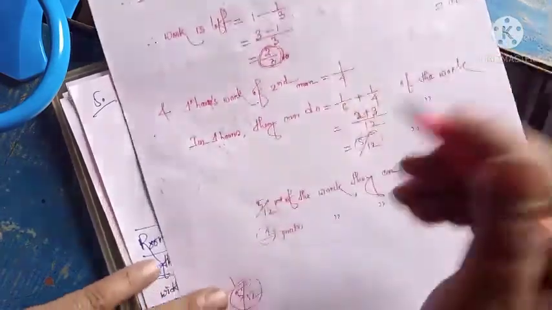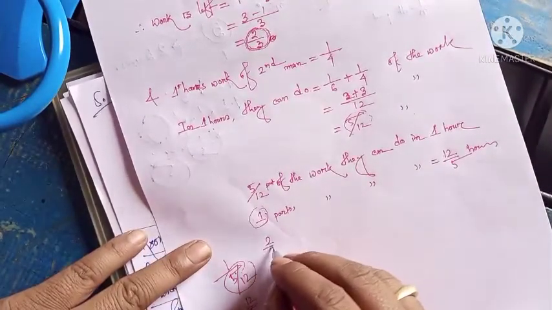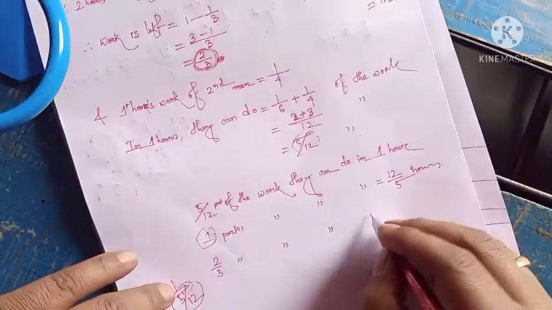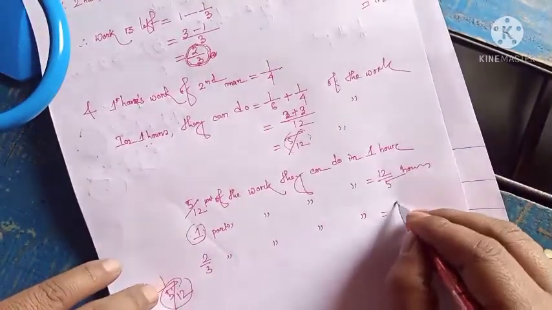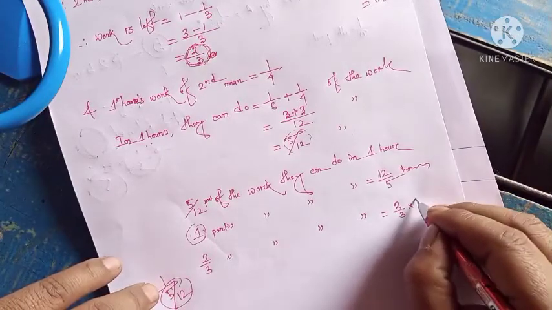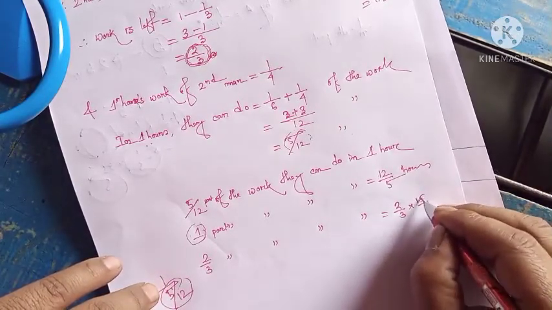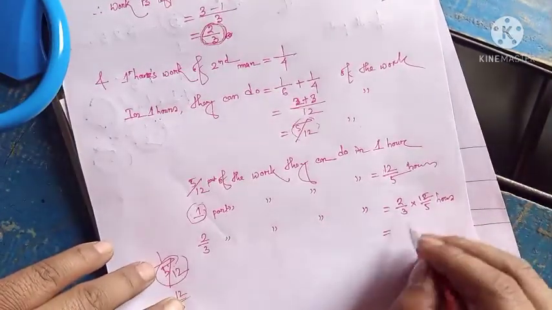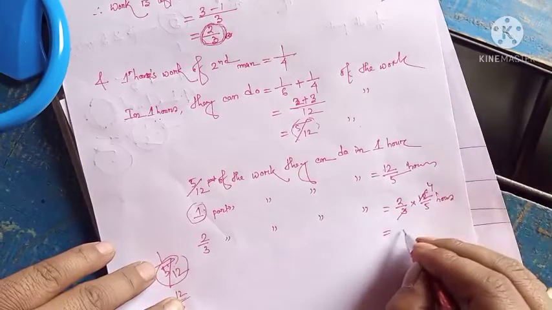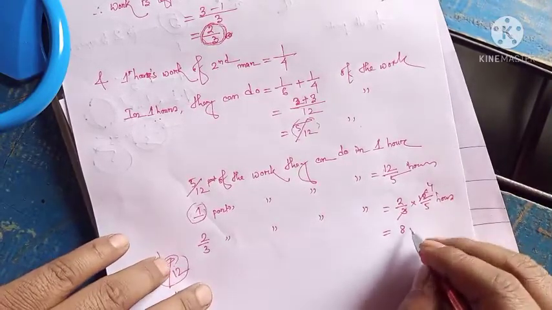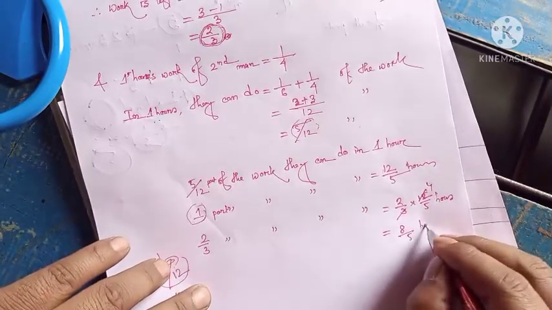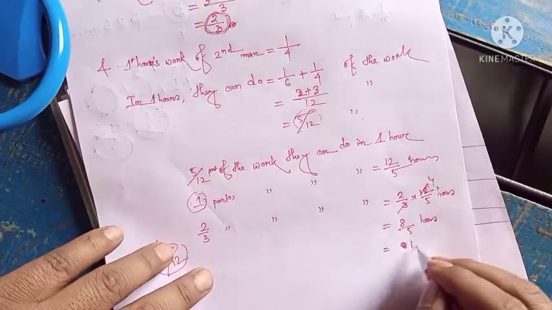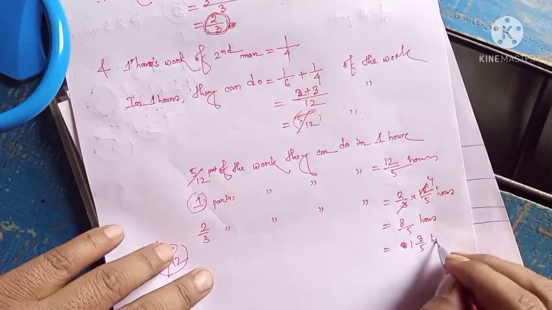Okay, 2 by 3 parts of the work they can do in 2 by 3 into 12 by 5 hours, that means 8 by 5 hours. So that means 1 whole 3 by 5 hours.